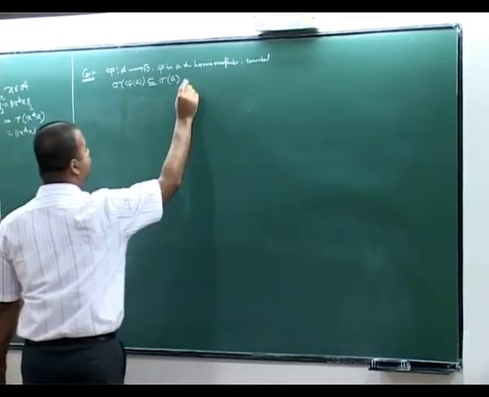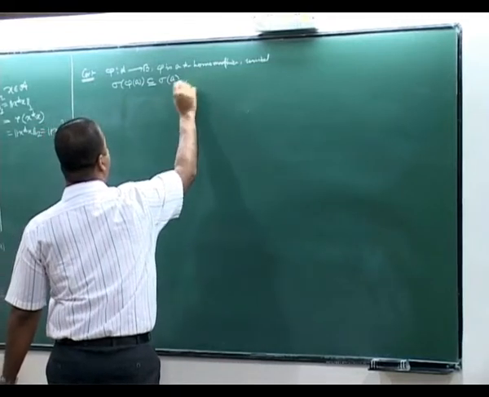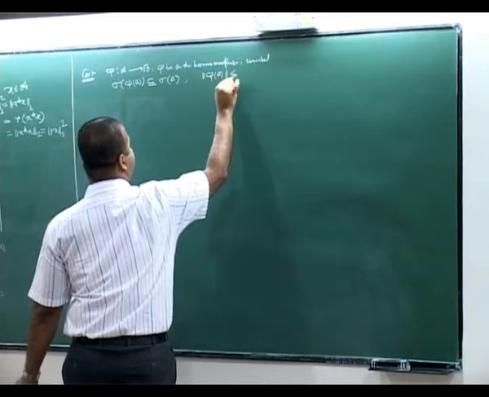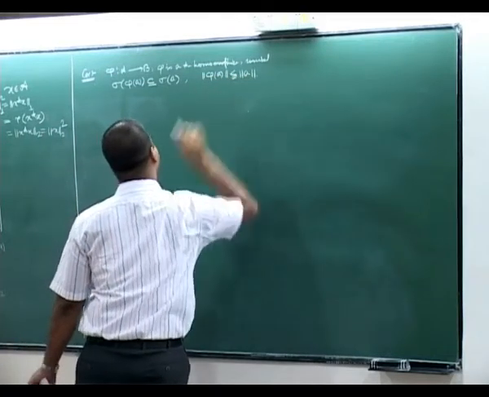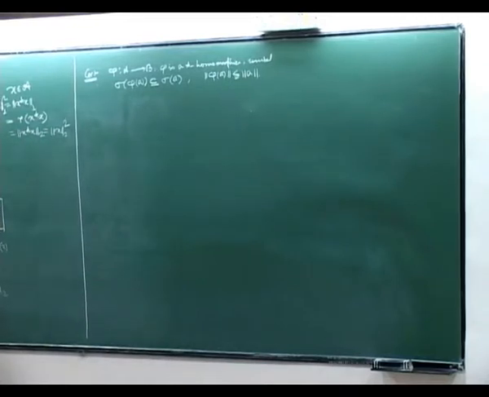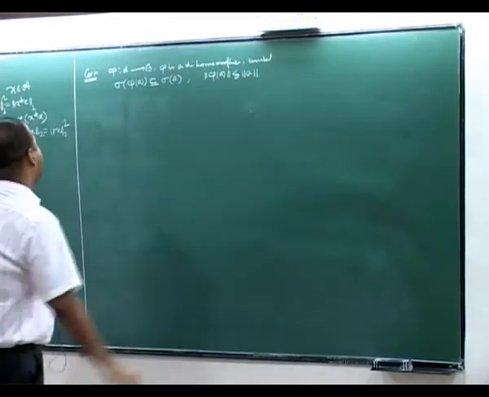So this is so, and this implies that norm phi A is less than or equal to norm A. So star homomorphisms are automatically bounded. Okay.